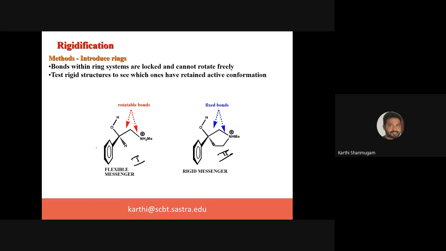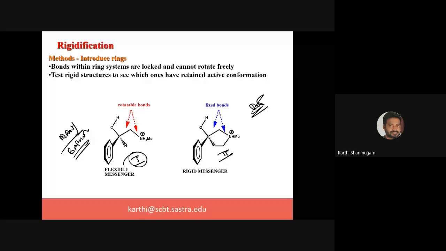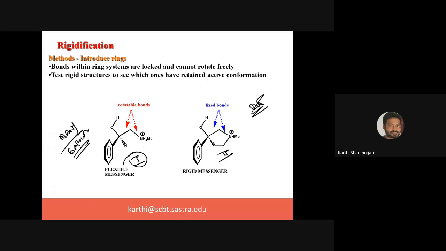Yes, sir. How do you say the first molecule is flexible? Because we can generate many conformations of the first molecule, but the same thing is not possible for the second molecule because of the cyclic structure here. Do you agree? Now which of these molecules, 1 or 2, is selective?